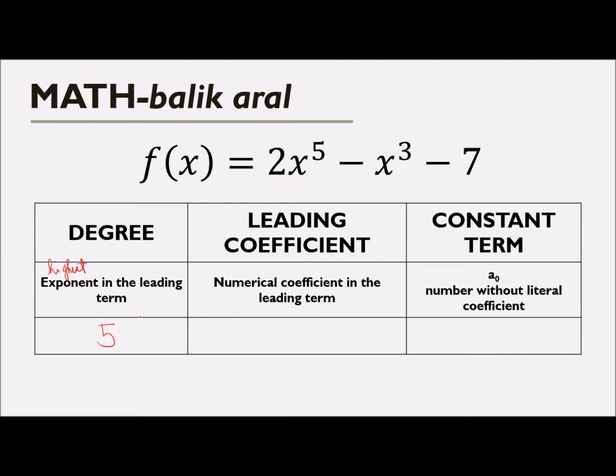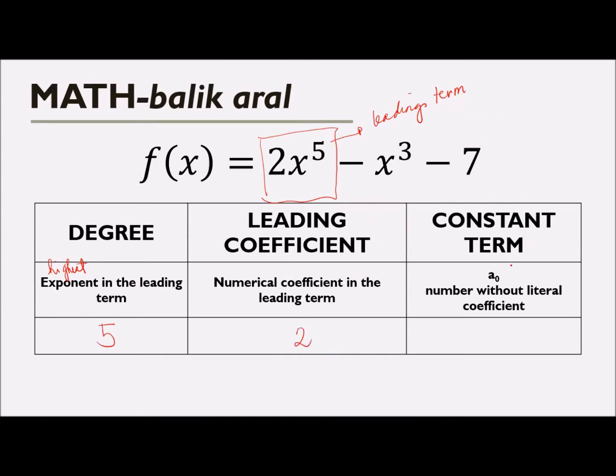What does leading term mean here? Of course, where the highest exponent is, that is our leading term. The next one is the leading coefficient, meaning the numerical coefficient. What is the number beside the variable in the leading term? That is 2.